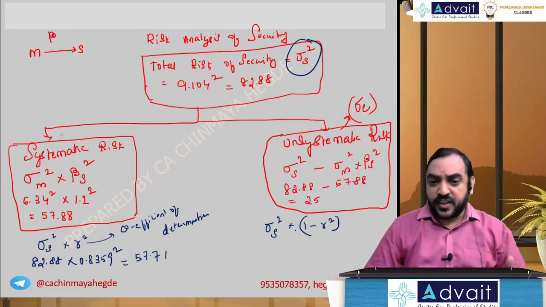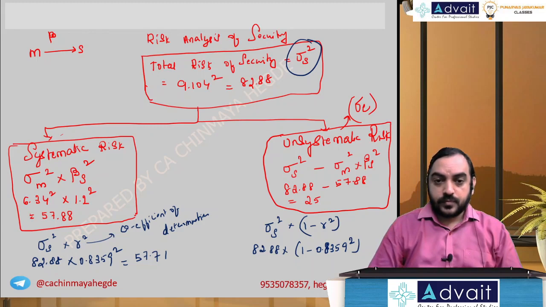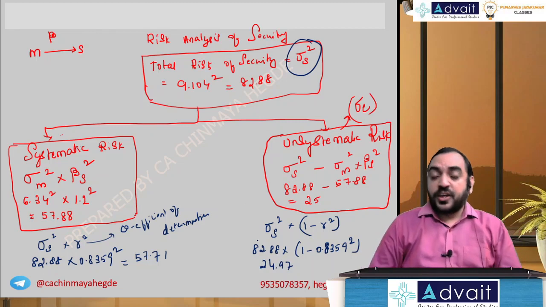This is the balancing figure you can do, or 1 minus r square. 82.88 into 1 minus 0.8359 square. So 0.8359 square you do, minus 1, into 82.88. You get 24.969, let's say 24.97.